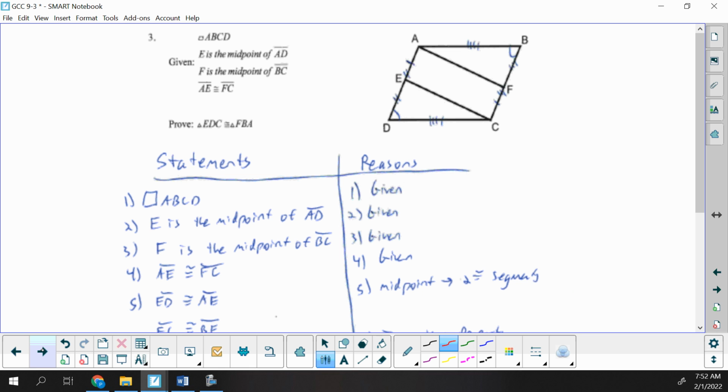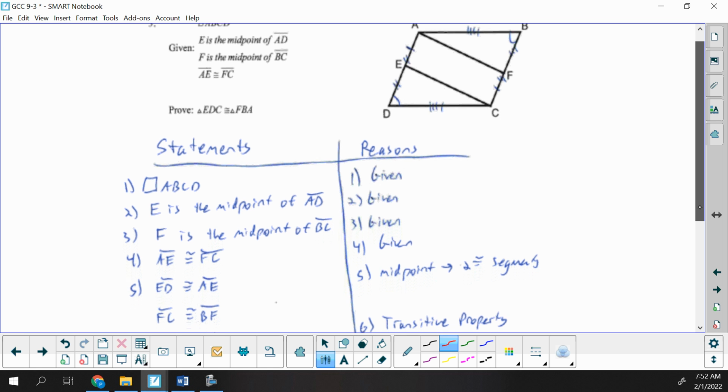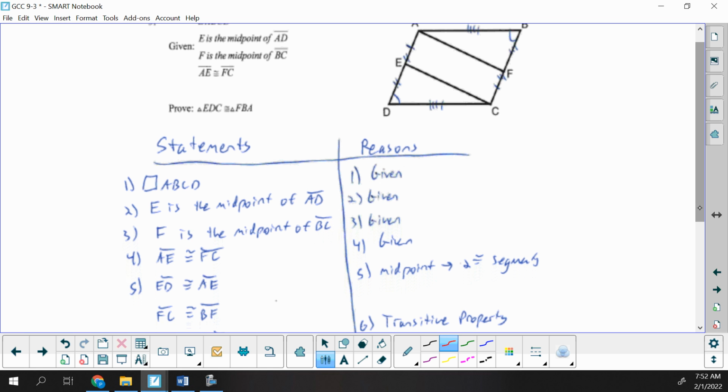And the longest proof from the homework. So we got our givens. Automatically we want to do midpoint implies 2 congruent segments, which gives us ED congruent to AE. So here's ED, here's AE. And we got FC congruent to BF.